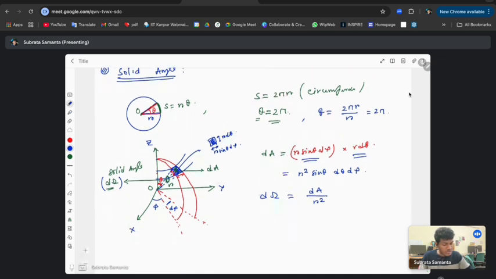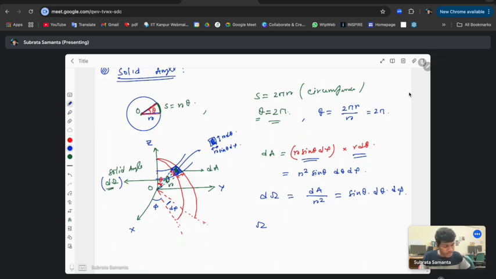But here, for a small element dA, d omega is dA over r squared, which gives you sin theta d theta d phi. Now you compute the total solid angle. So this is a differential solid angle.